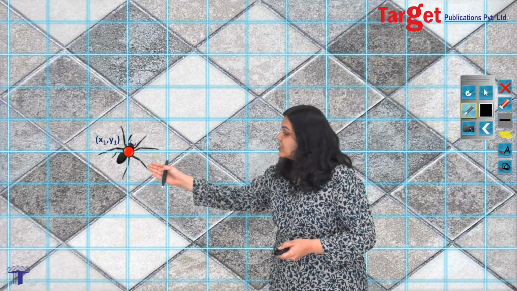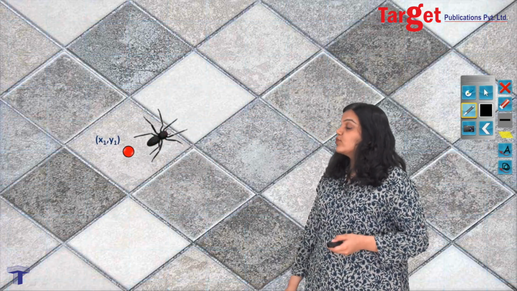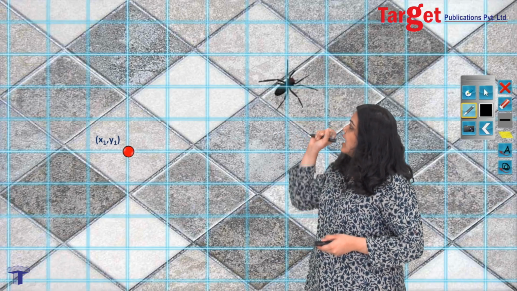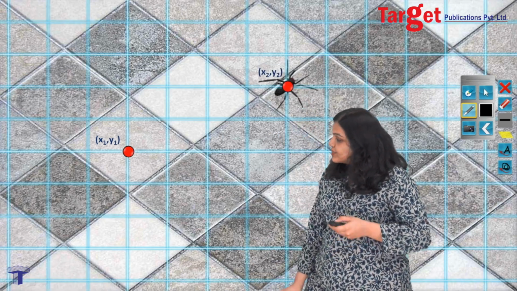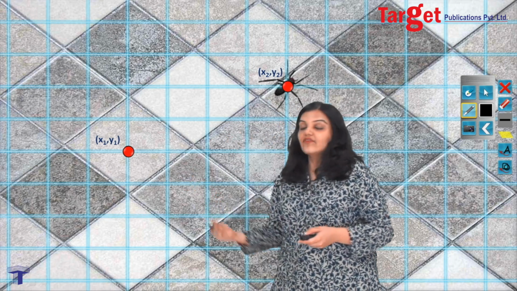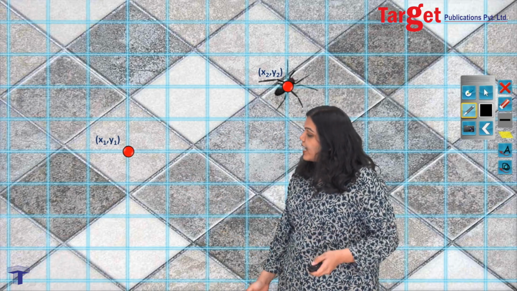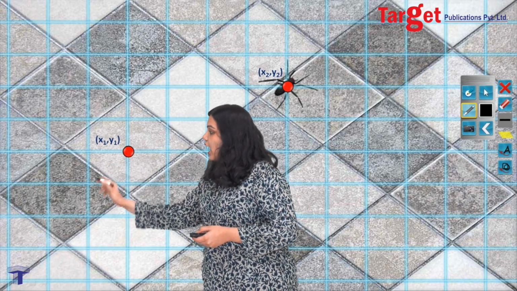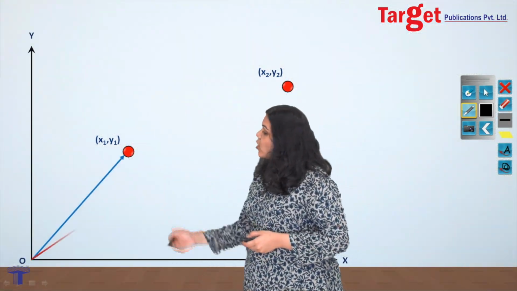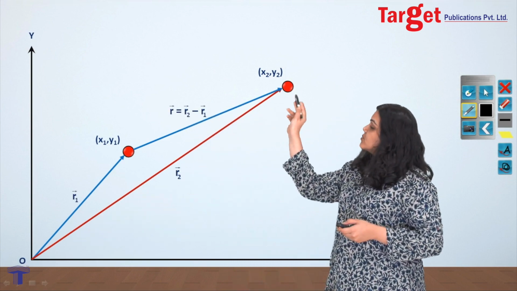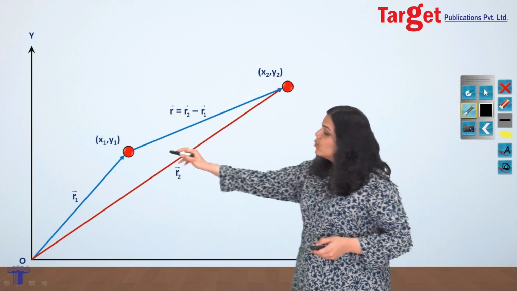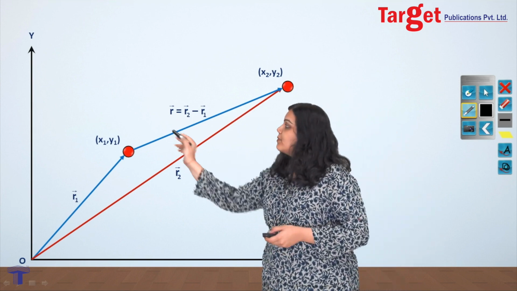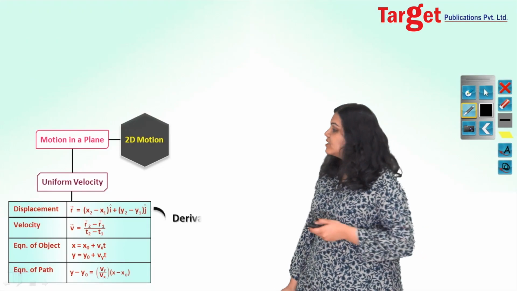After some time, this object moves from its place to a different position, and then you can mark the second position of the object as x2, y2. If you have a coordinate system in place, the position vector of this object from the origin to this point will be r1, and the position vector of the object from the origin to this position would be r2, and here you have the displacement vector, that is r2 minus r1. So this is what we mean by the displacement vector, which I explained earlier.